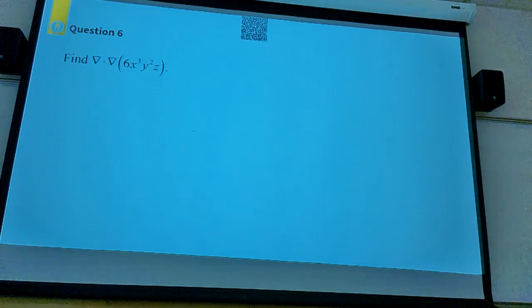So what is that second operation? They just multiply.